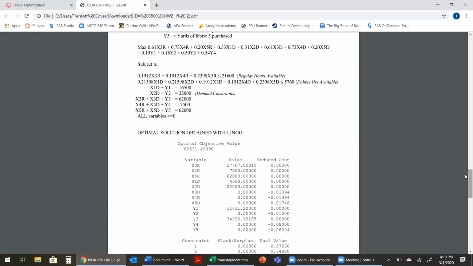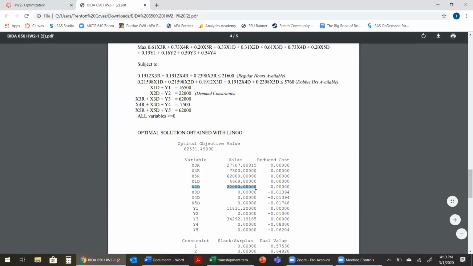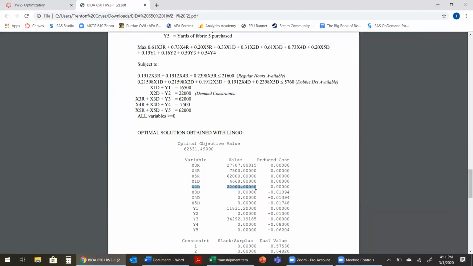So fabric 2 on Dobie looms, we produced 22,000 units. So if we produce 22,000 units and have an additional 14 cents per unit profit, what's our total change in profit? $3,080. Perfect. Everybody see where that comes from?